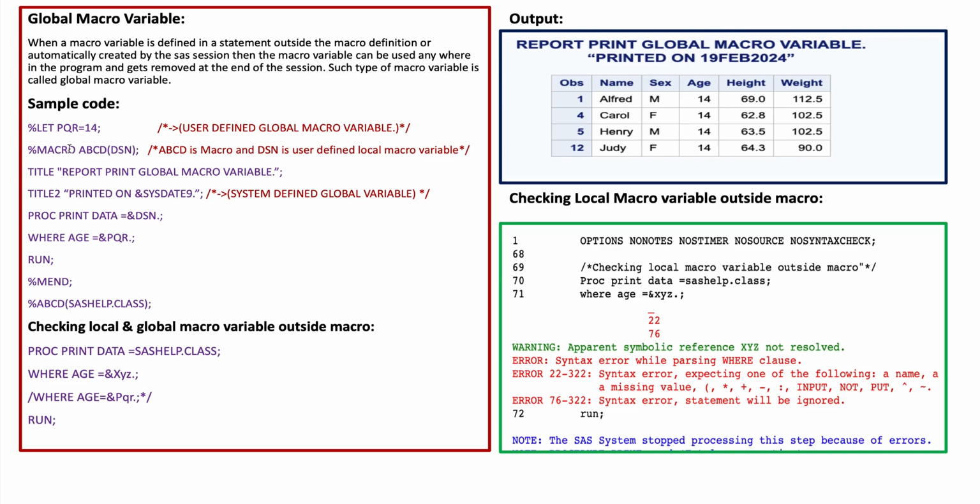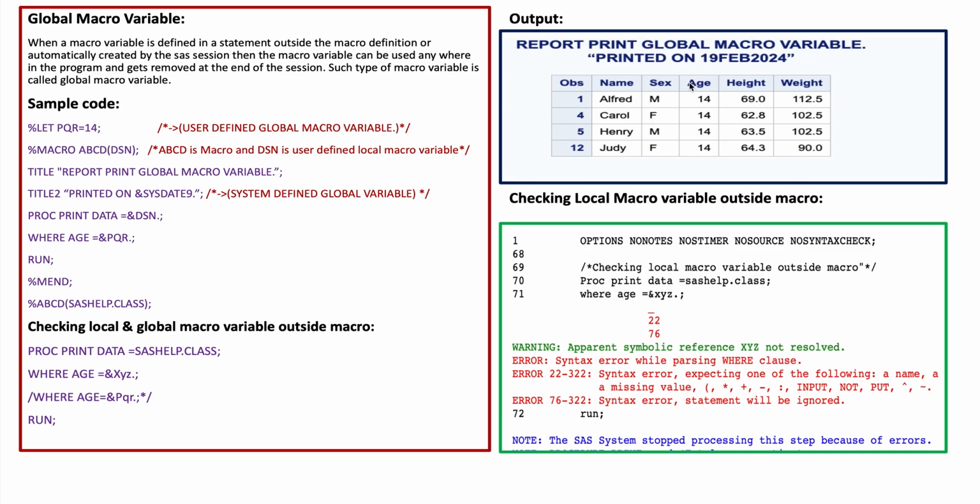When we run the second set of the code, we will get the result as shown on the right side. The title is "report print on global macro variable printed on 19 Feb 2024". That means the sysdate9 global macro variable has resolved because it is a system defined and global macro variable, and it has resolved to today's date.